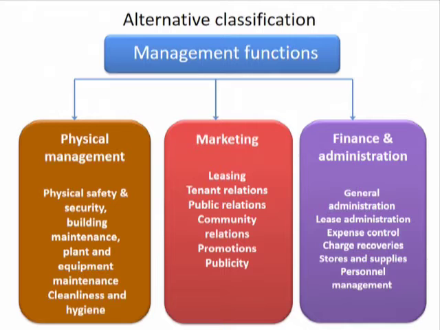The physical management, things like physical safety and security, building maintenance, plant and equipment maintenance, cleanliness, hygiene. Secondly, marketing, including leasing, tenant relations, public relations, community relations, promotions, publicity. And thirdly, finance and administration, like general administration, leases, expense control, recoveries, supplies, and personnel management.